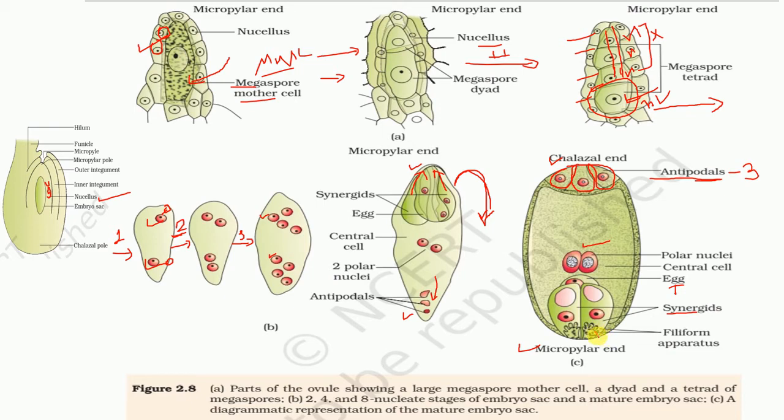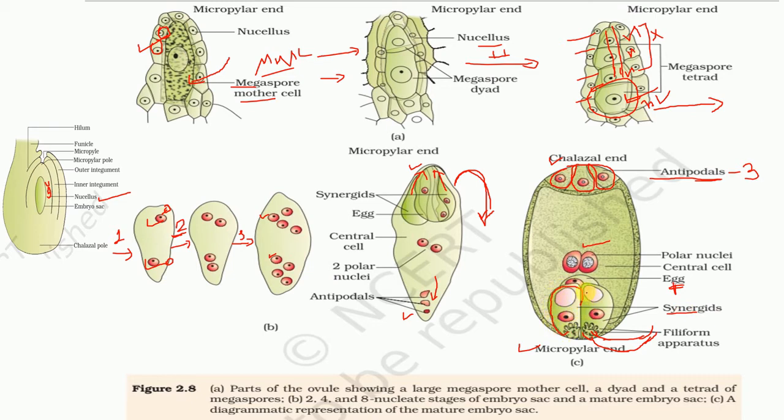It will indicate to the pollen tube where it has to enter. So as I told you earlier, the egg cell plus synergids form the egg apparatus.